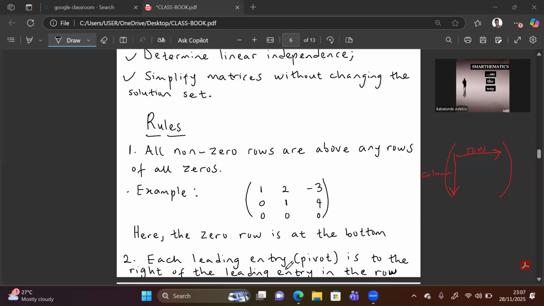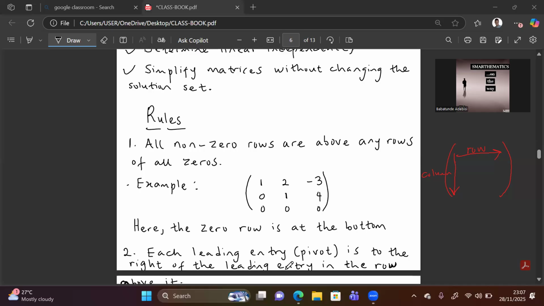The first one is all non-zero rows are above any rows of all zeros. When we say non-zero row, that is a row that contains a value other than 0. If you look at this matrix, the example I put under it, the last row is one that contains 0 throughout. So it's a 0 row.